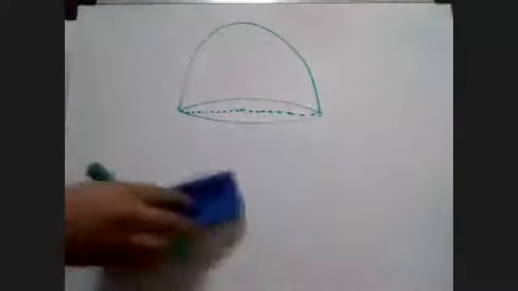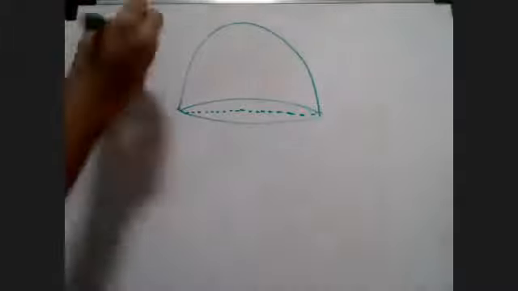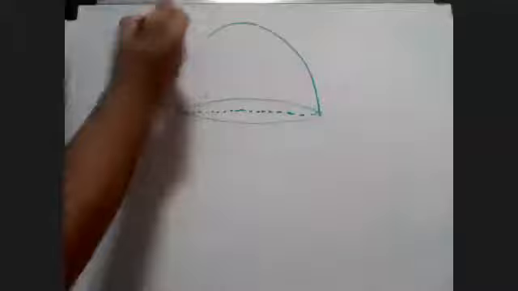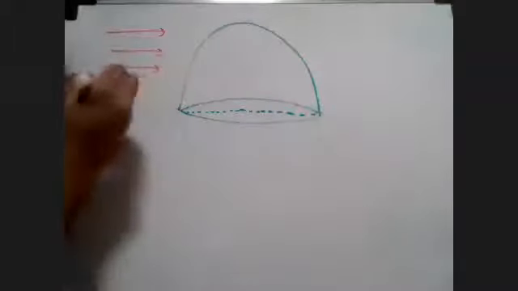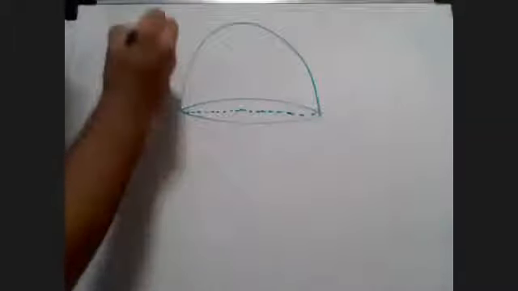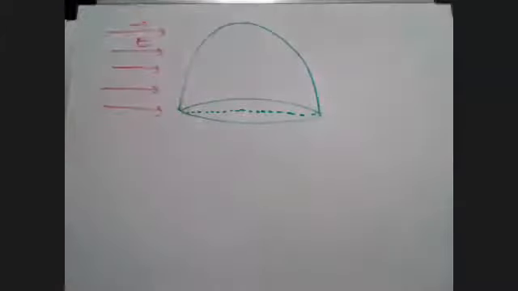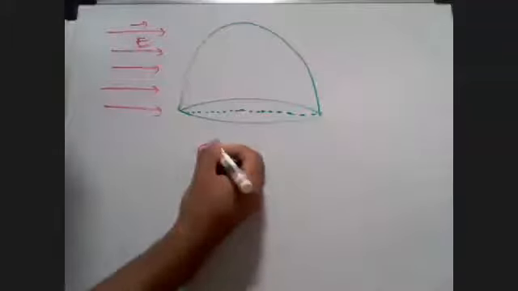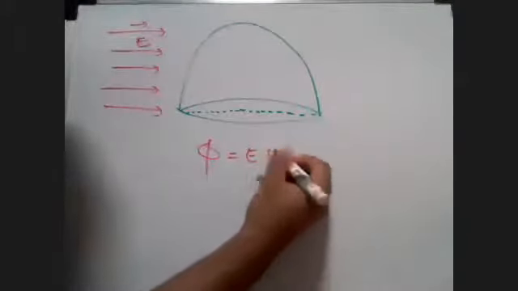That was already done, I just changed it. Now tell me, what is going to be the flux? What is the projection? E into pi r square by 2. So phi is equal to E into pi r square by 2.